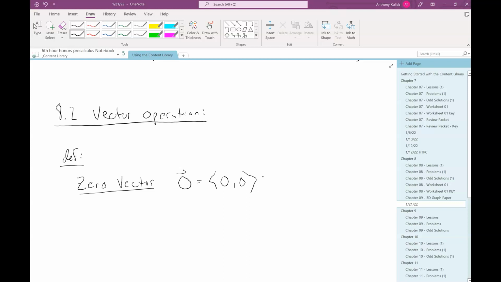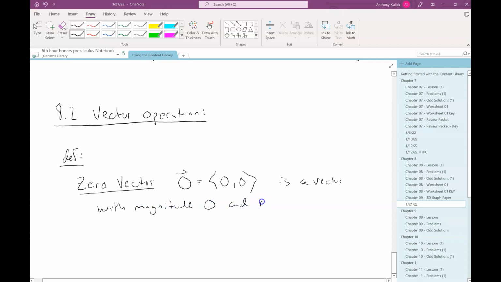So you've got to be a little bit careful. This is a vector with magnitude 0 and no direction. This is the only vector that has no direction.